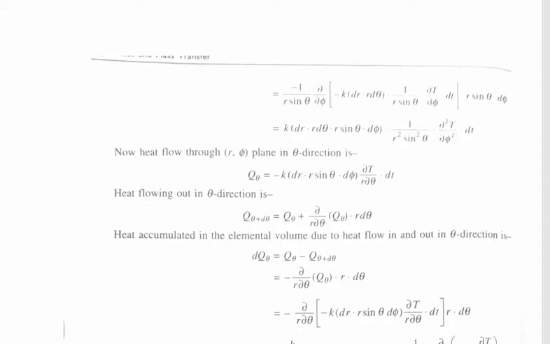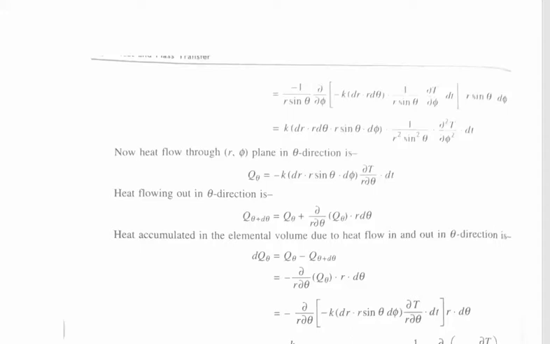By cancelling some terms, the final result will be k into dr r d theta d phi and 1 by r square sin square theta into the double differentiation of temperature with respect to phi, ∂²T/∂phi², into dt. This is for the phi direction.